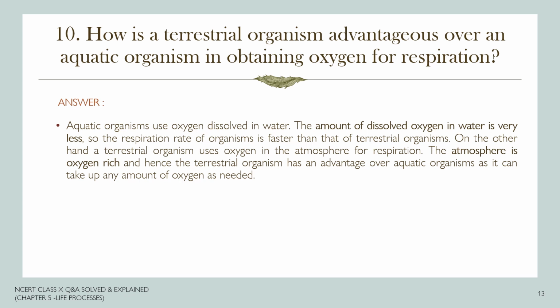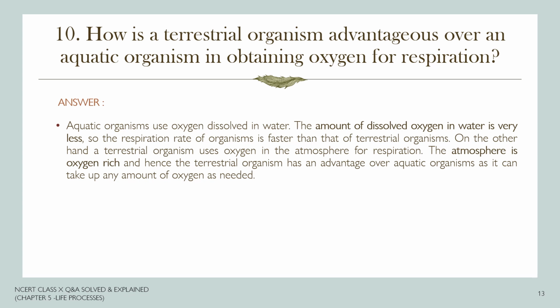How is a terrestrial organism advantageous over an aquatic organism in obtaining oxygen for respiration? All organisms take oxygen from the environment around them. We who are terrestrial organisms take in oxygen from the air, whereas the aquatic organisms take in oxygen which is dissolved in the water.